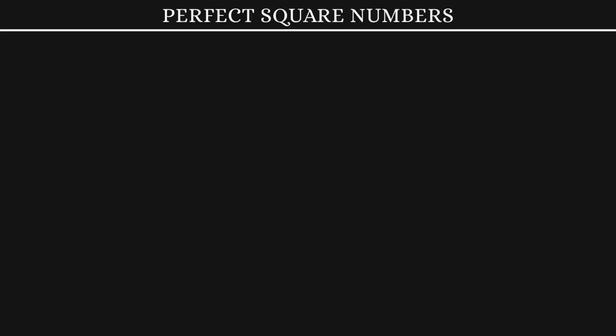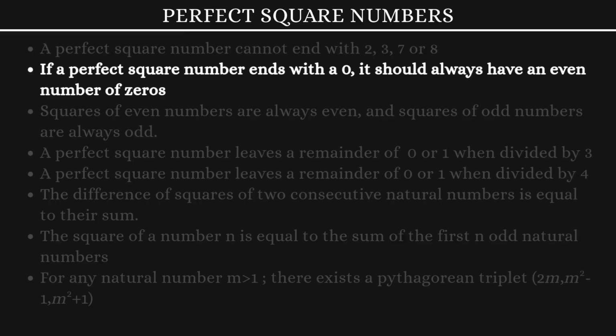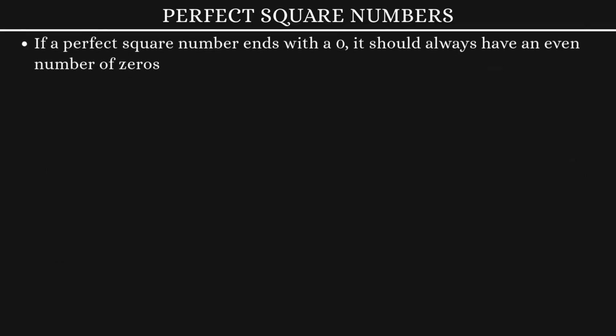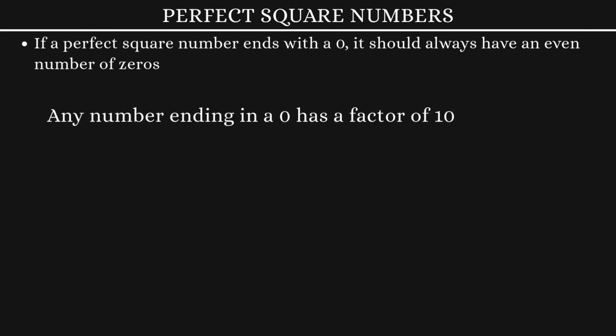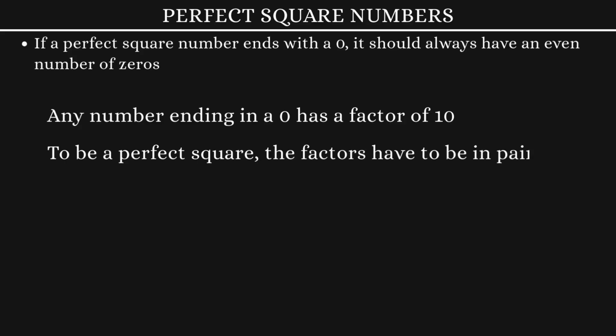The next property. If a perfect square number ends with a 0, it should always have an even number of zeros. We know that any number ending in a 0 will have a factor of 10. But in case of perfect square numbers, the factors have to be in pairs.